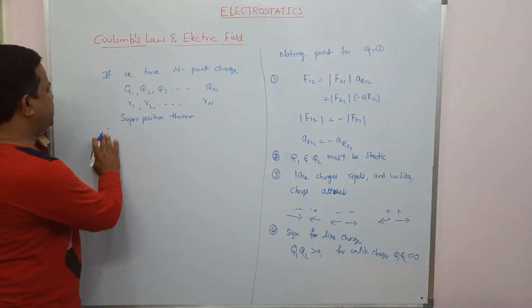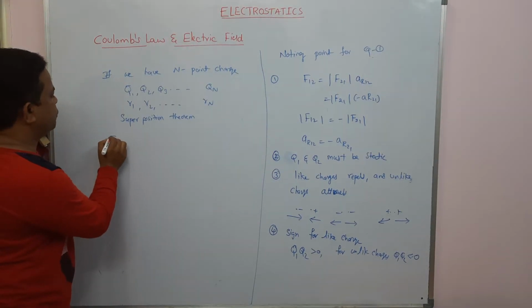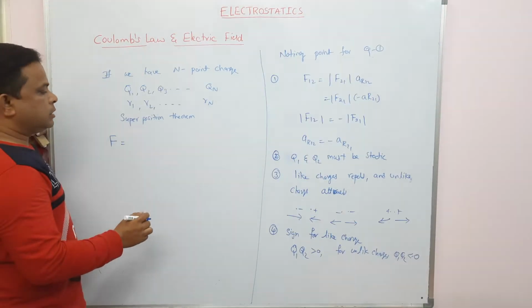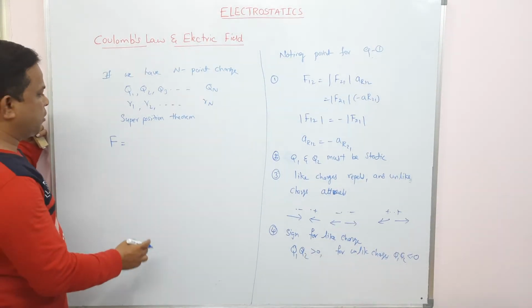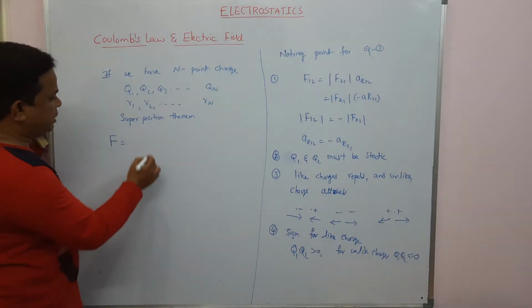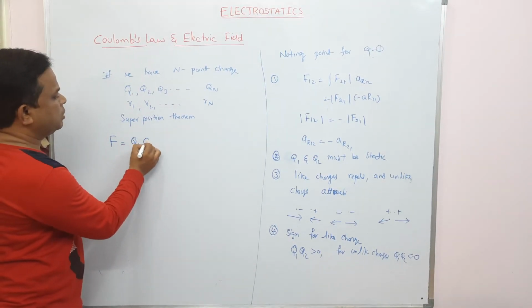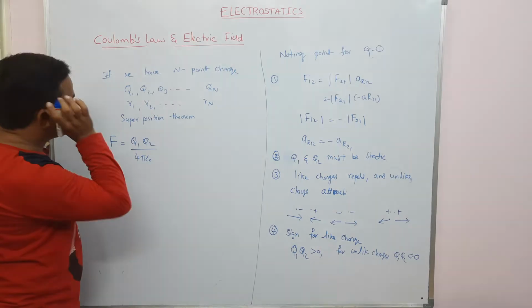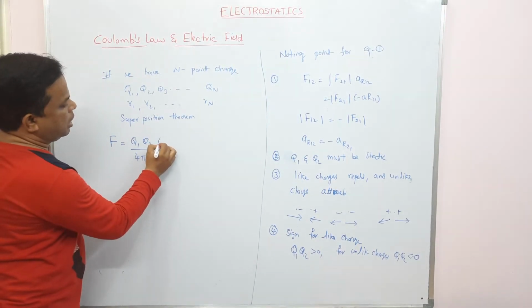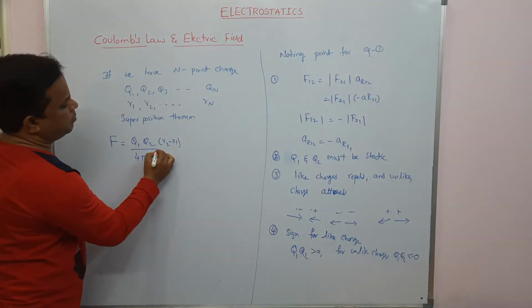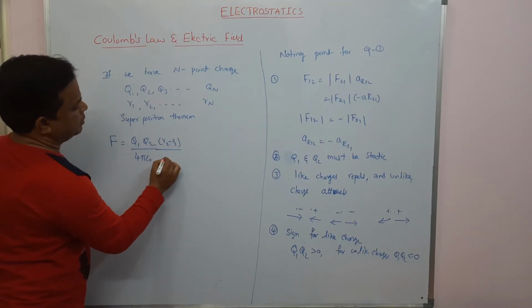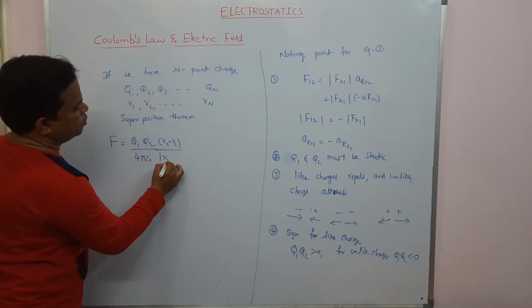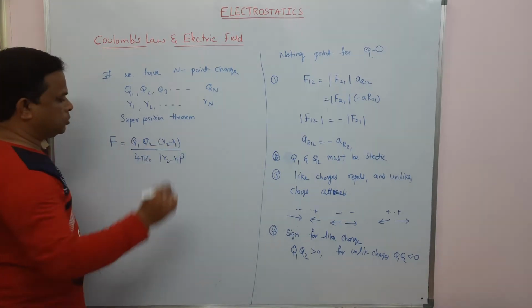Now the total force F: the equation we have calculated till now, let me write it here, is q1 q2 by 4 pi epsilon naught times r2 minus r1 by mod of r2 minus r1 whole cube.